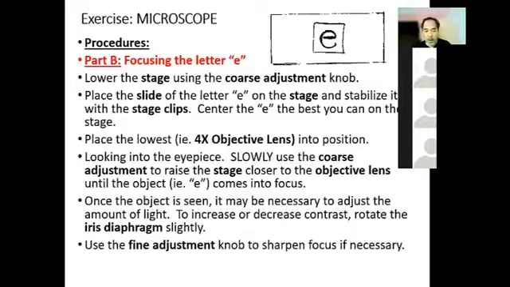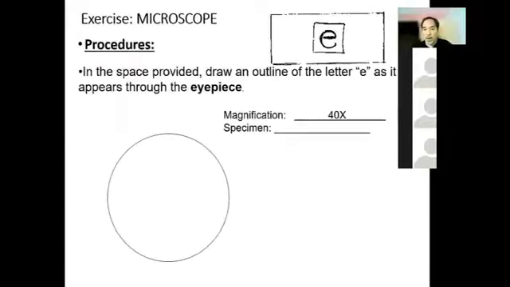Now, looking at the letter E in the microscope using a total magnification of 40x: that is the ocular lens at 10x plus the 4x objective lens, which gives you a total magnification of 40x.